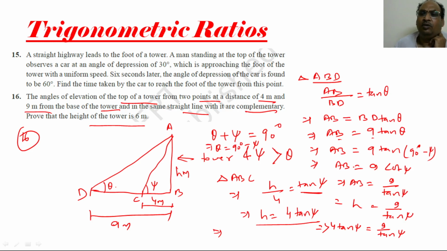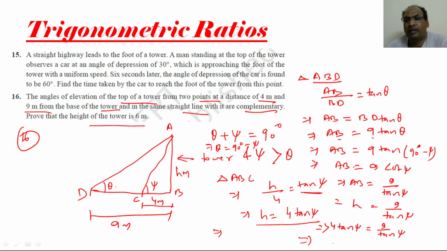Okay, and AB is h only, height of the tower. Prove that the height of the tower is 6 meter. Okay, so AB is also equal to h and equal to 9 cot psi, which we can write as 9 by tan psi, and h is 4 tan psi.